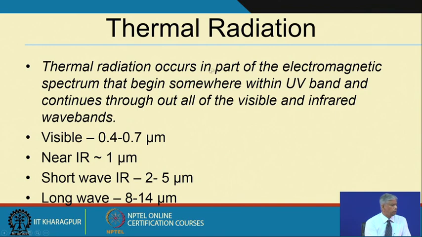Thermal radiation occurs in part of the electromagnetic radiation that begins somewhere within the UV band and continues throughout all of the visible and infrared wavebands. So, visible is about 4000 to 7000 angstrom, near infrared about 10,000 angstrom, and then short wavelength, long wavelength and so on.